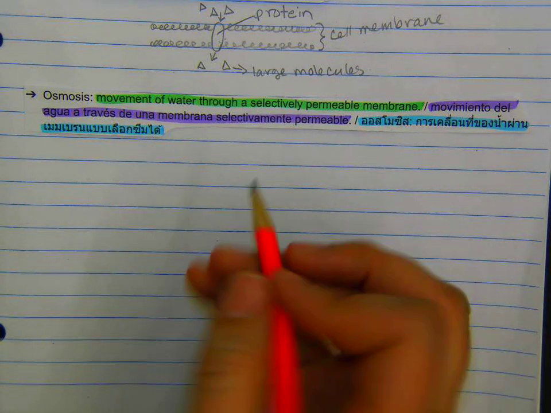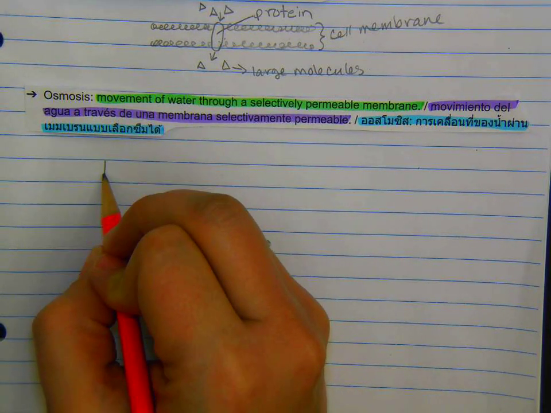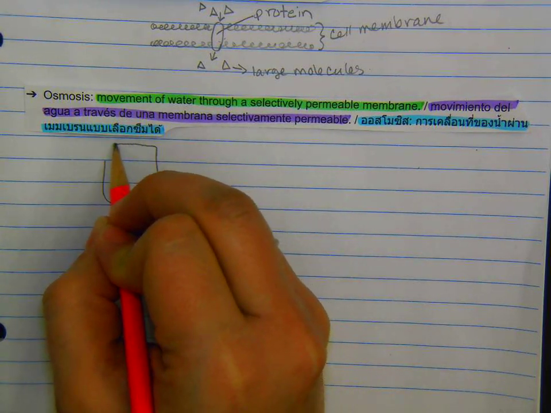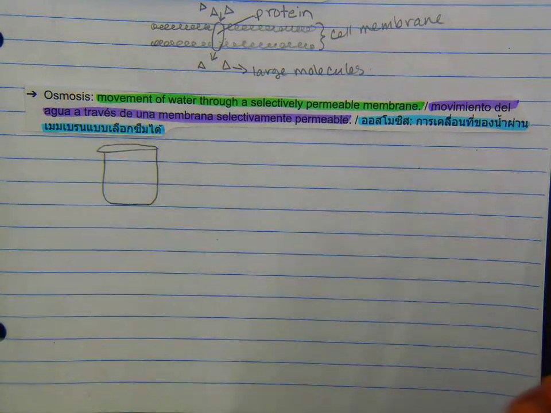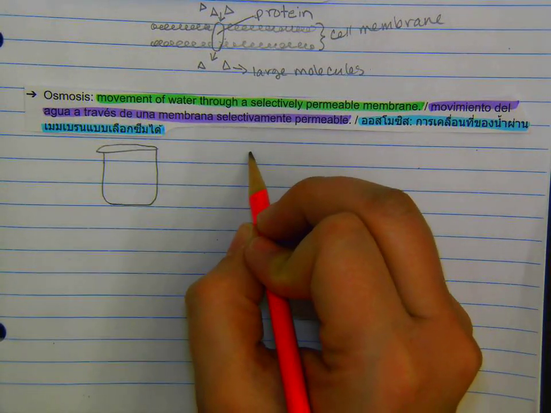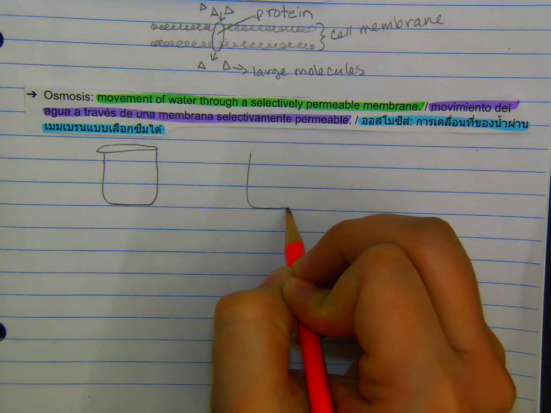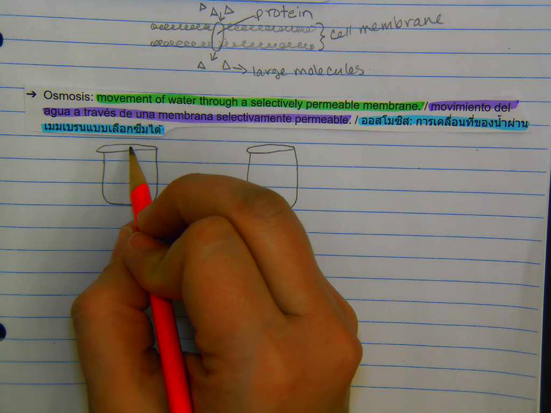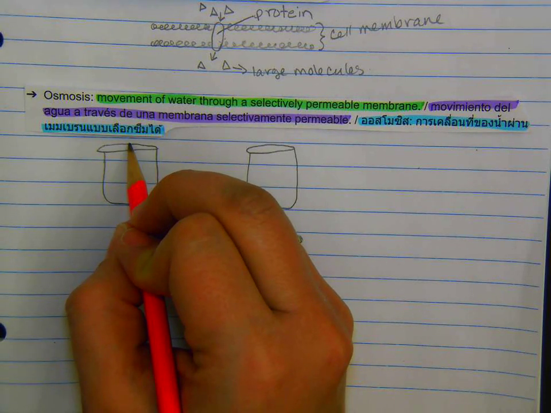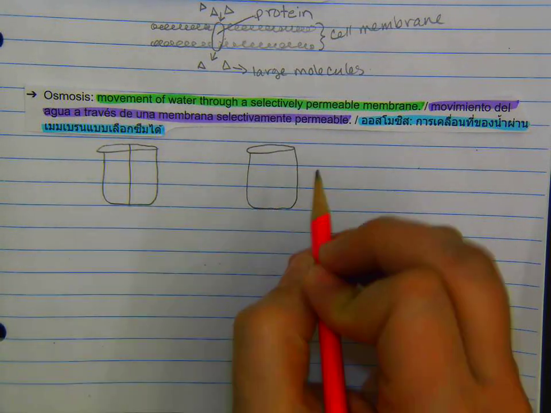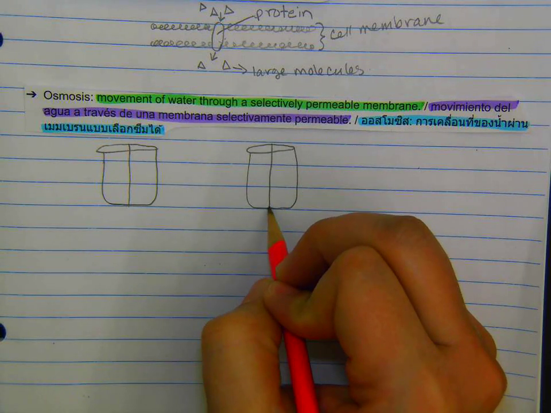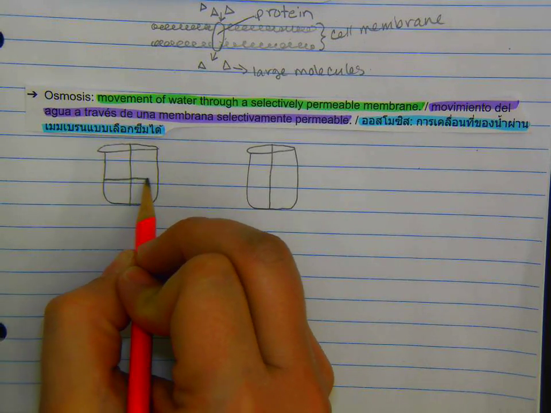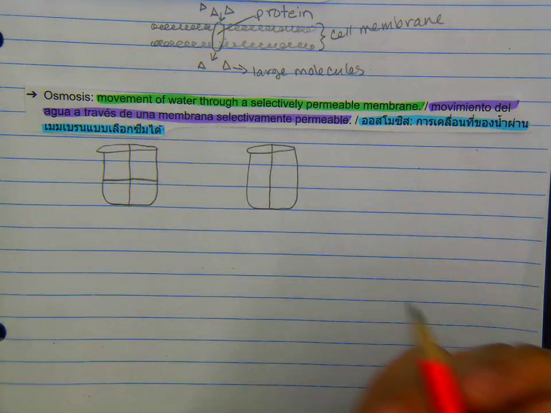So to fit this in, we're going to draw 2 beakers. And each of our beakers should hopefully be relatively identical. They're going to have a selectively permeable membrane dividing them in half. In our first beaker, we're going to have a solution on each side that starts at the same level.